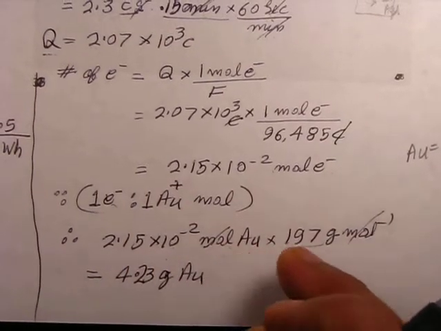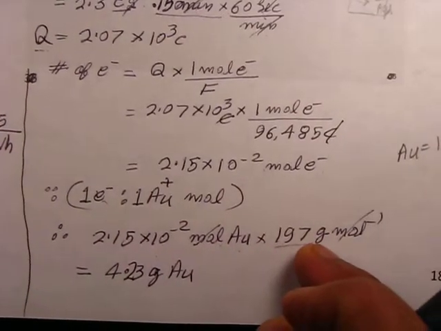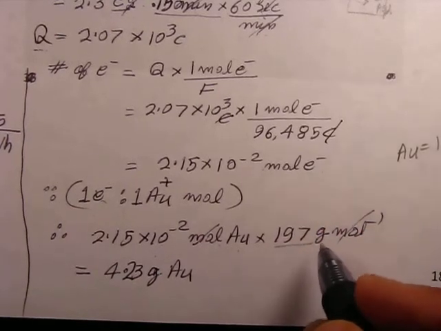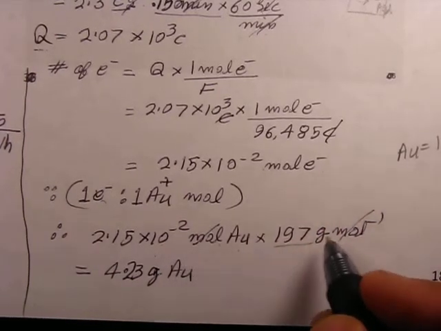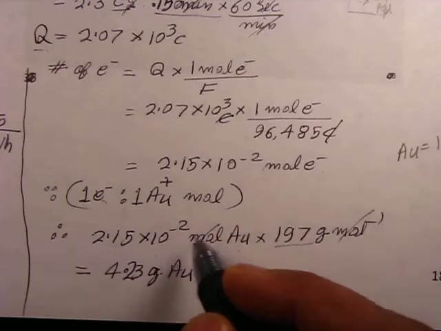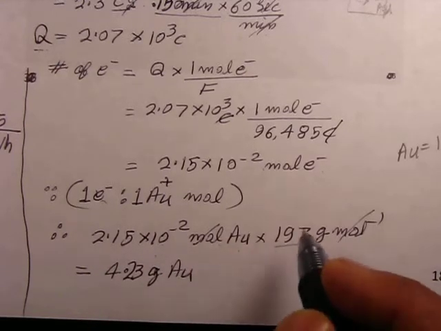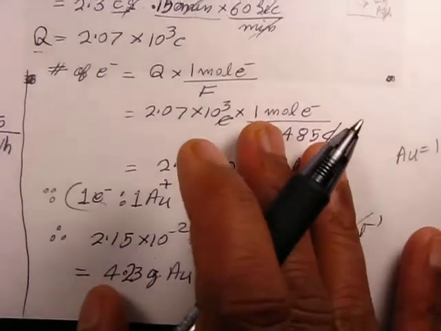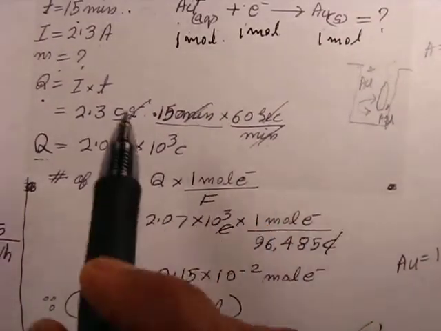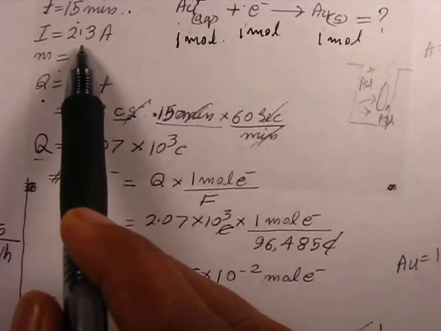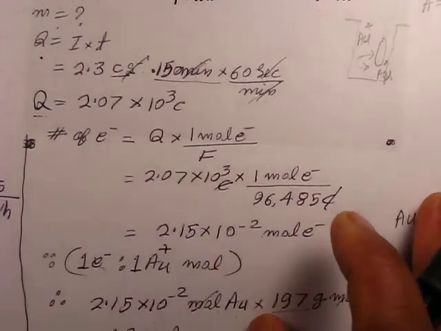Then we multiply by the molar mass of gold, which is 197 gram per mole. The mole cancels out, and we find out how much gold will be deposited by applying 2.3 ampere for 15 minutes.